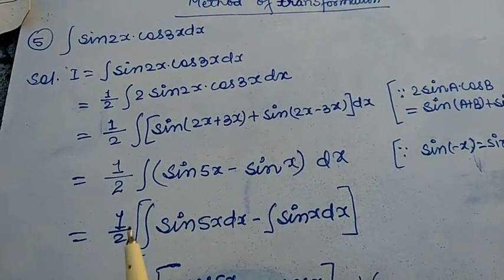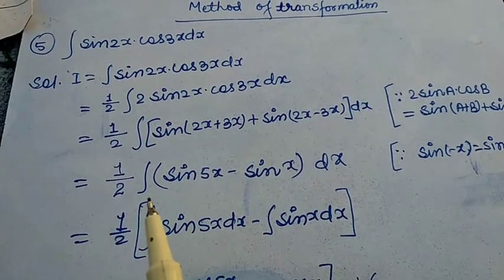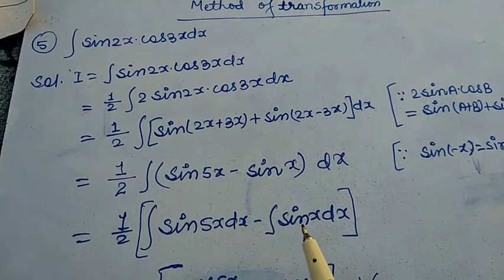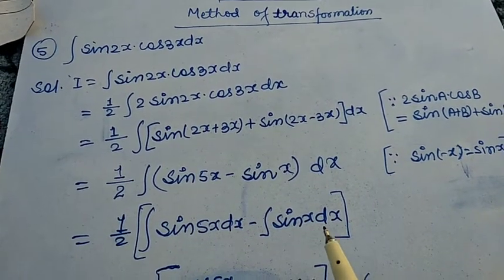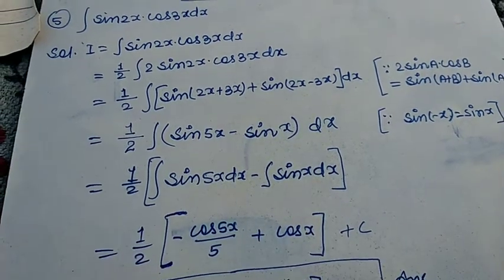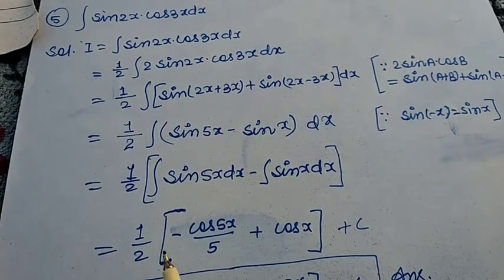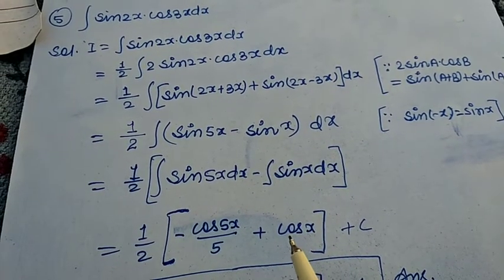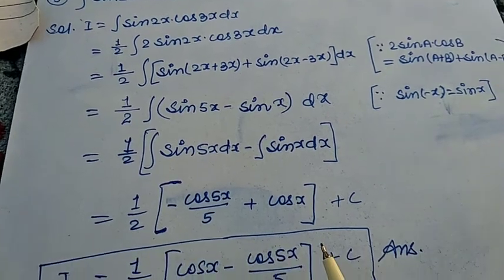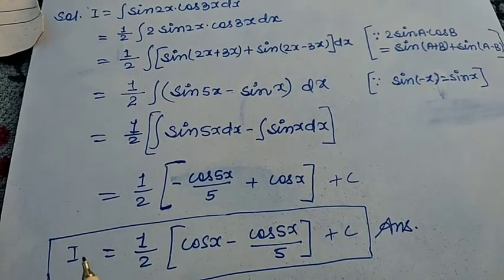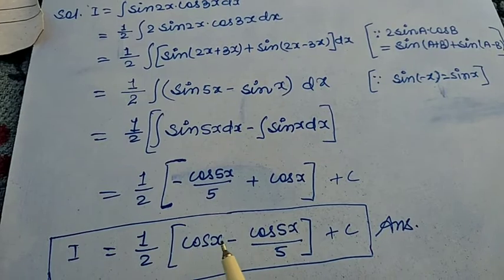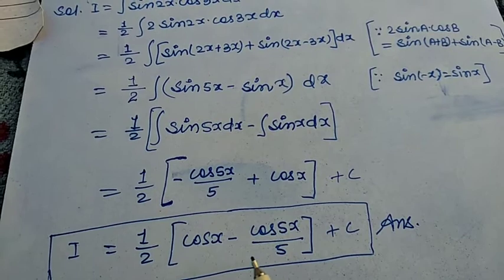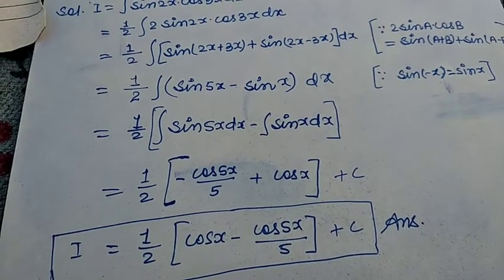So here you can see 1 upon 2 into integration of, we have individually integrated it, so it is integration of sin 5x dx minus integration of sin x dx. So it will be 1 upon 2 into minus cos 5x upon 5 plus cos x plus c. So we can write it as I is equal to 1 upon 2 into cos x minus cos 5x upon 5 plus c. This is the answer.